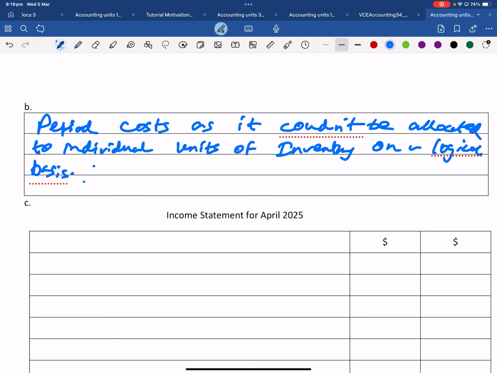Because there were two types of products.